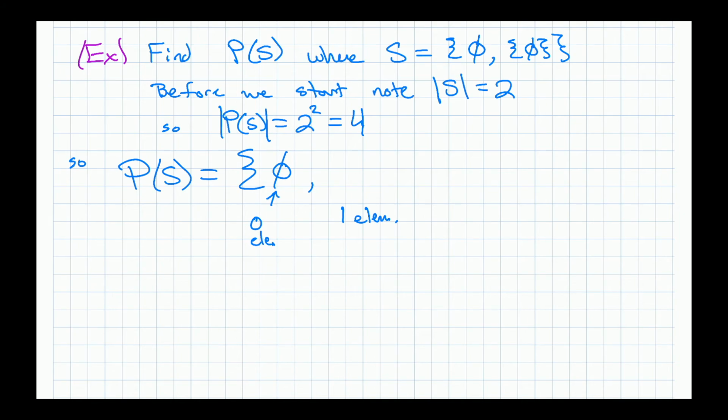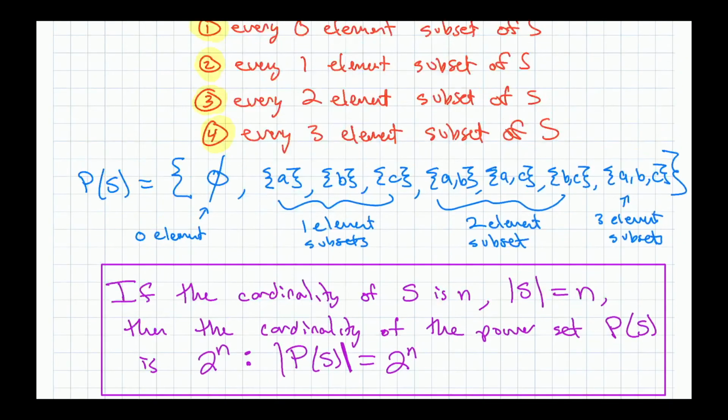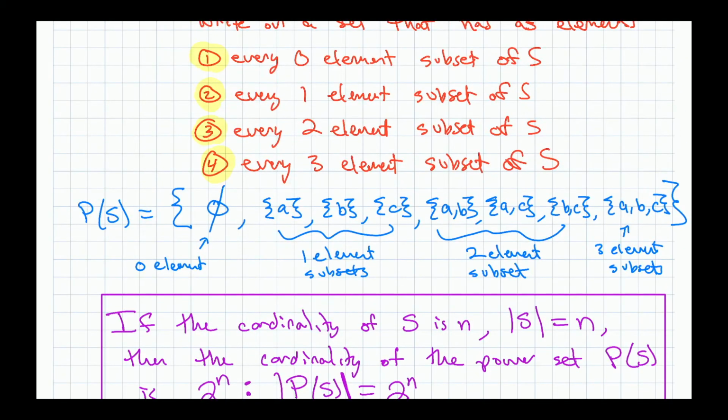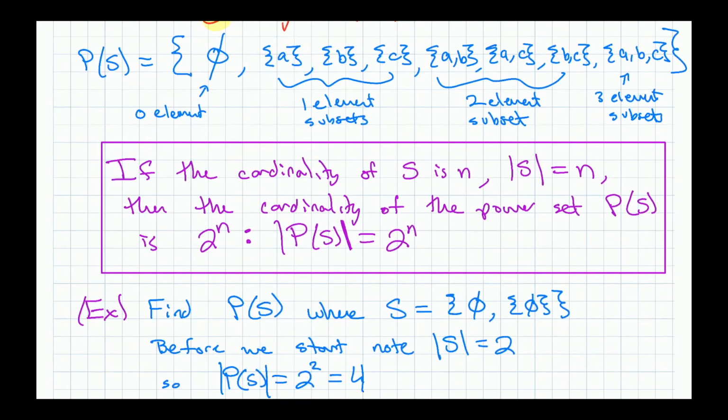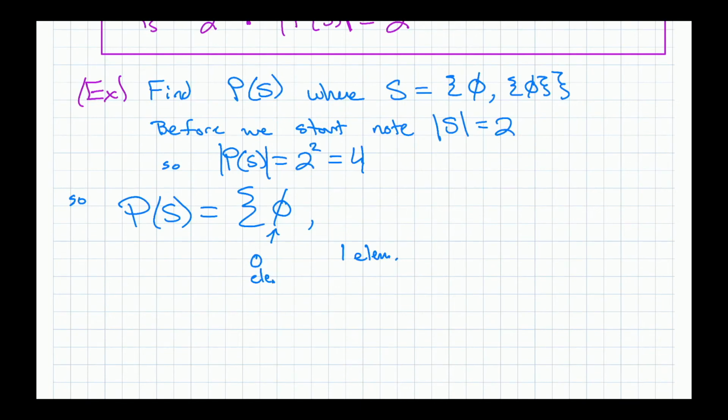So what are your one element subsets? Well, you need to look at what we did on the previous one. When you're doing the one element subsets, you need curly braces around an element. So you need curly braces around this element to get your one element subset.